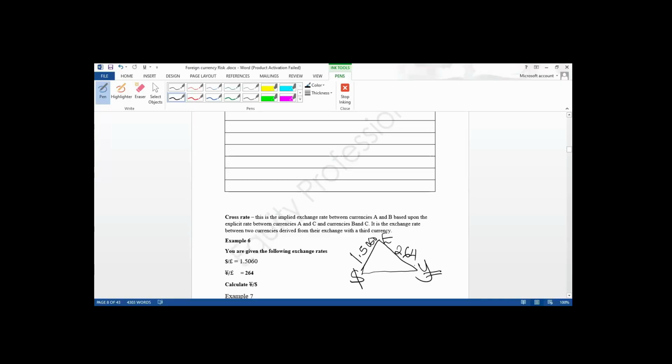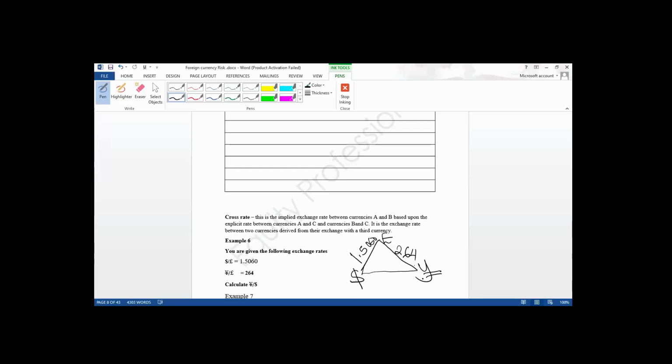There's an exchange rate between Japanese yen and pound sterling. But there's no direct exchange rate between dollar and yen.